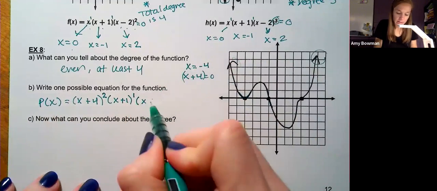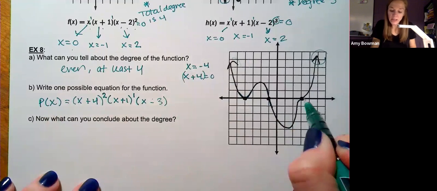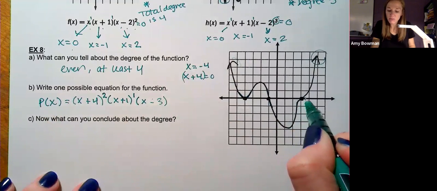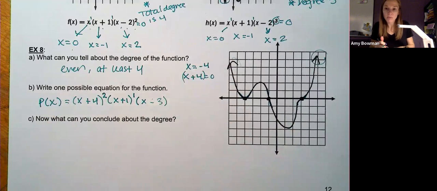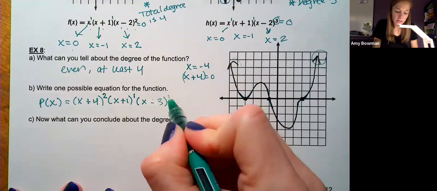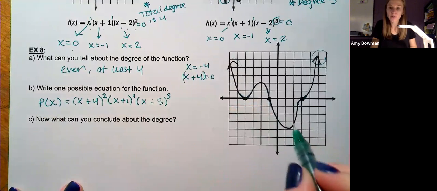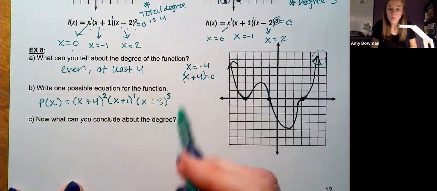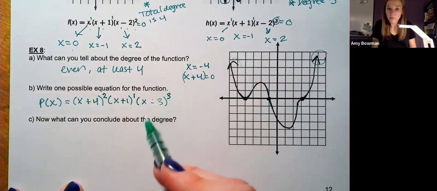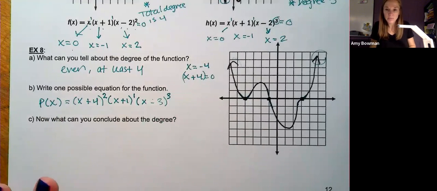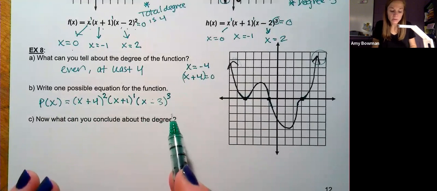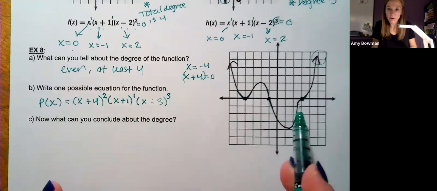So we've got x minus 3, and then here we see it bending through. Bending through means it's odd, but at least greater than 1. So this would have to be at least a 3rd degree, or a multiplicity of 3 for the factor x minus 3. So here's a possible factored form of a graph.